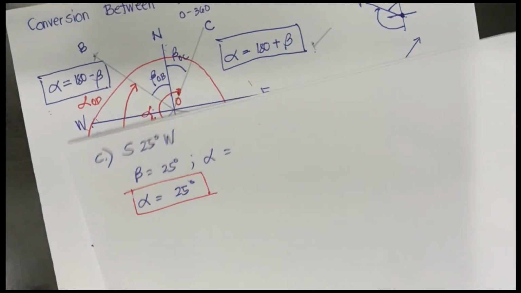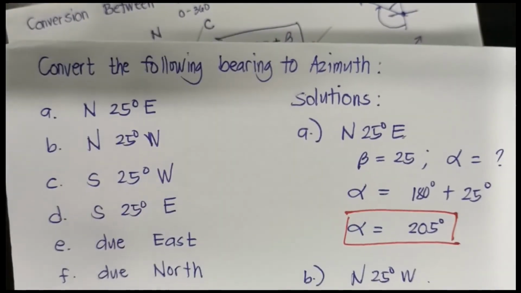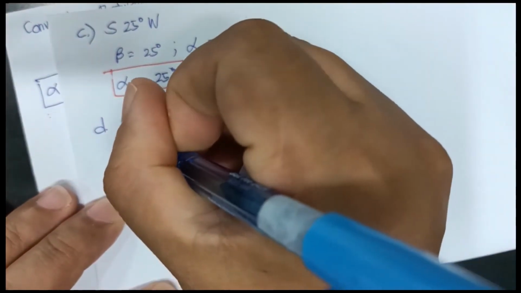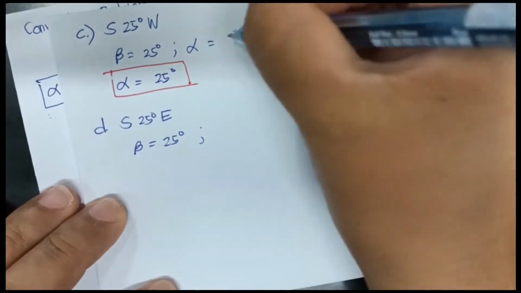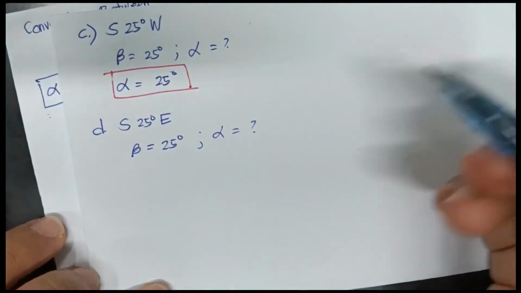Next, D is southeast. So you have bearing angle is 25 degrees and alpha is unknown.